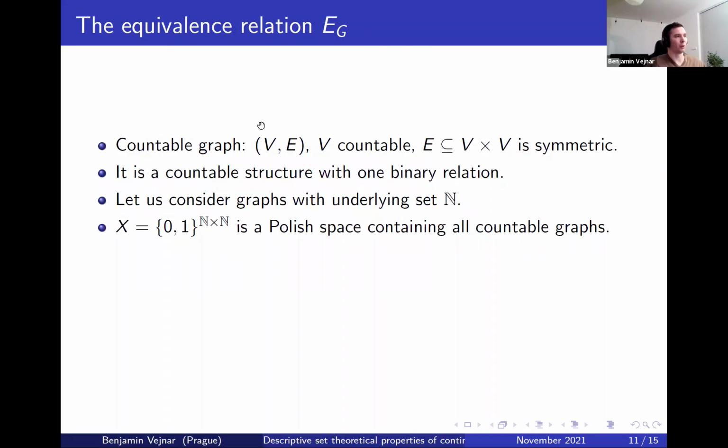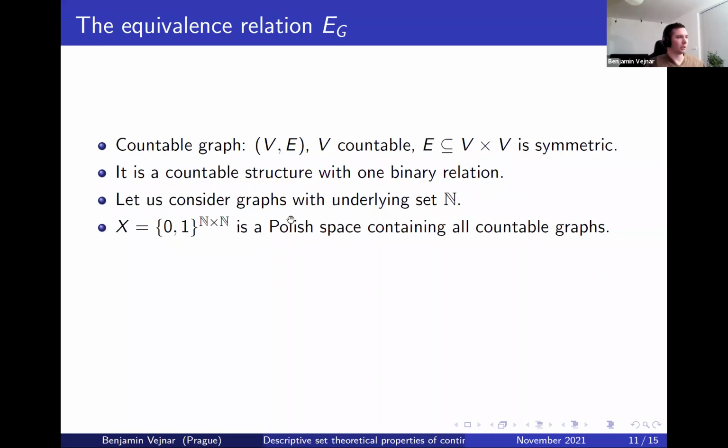Really from combinatorics, a countable graph is just a pair (V, E), where V is a countable set, the set of vertices, and E is a subset of V times V, and it is symmetric. So these are undirected graphs. Especially, these objects are countable structures, or can be realized as countable structures with just one binary relation.